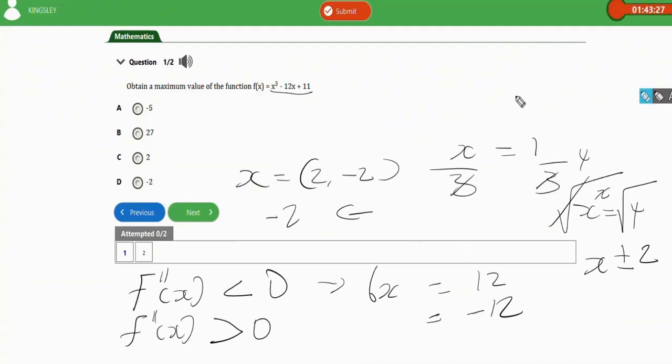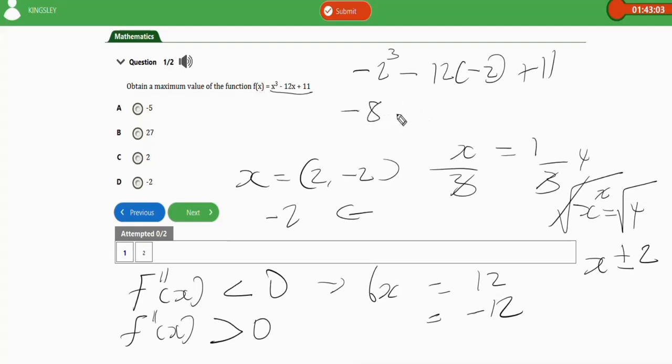Alright, so when you plug in -2 in the original function, this will give us -2 cubed, minus 12 times -2, plus 11. When you break down, -2 cubed will give you -8.